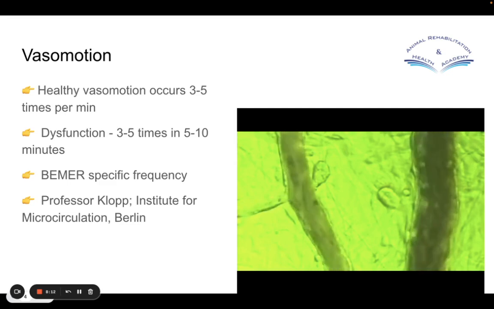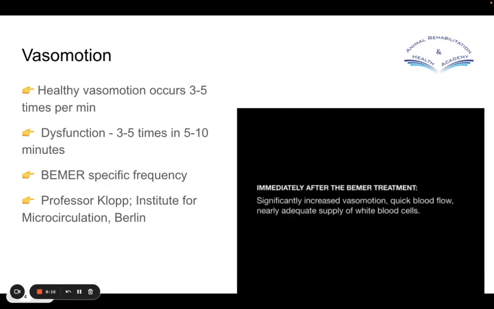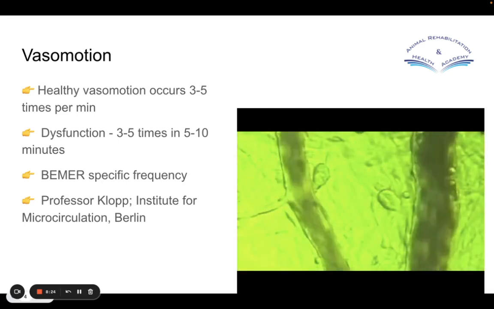You can see the white blood cells in the blood flow there. And you can see quite a lot more movement there.